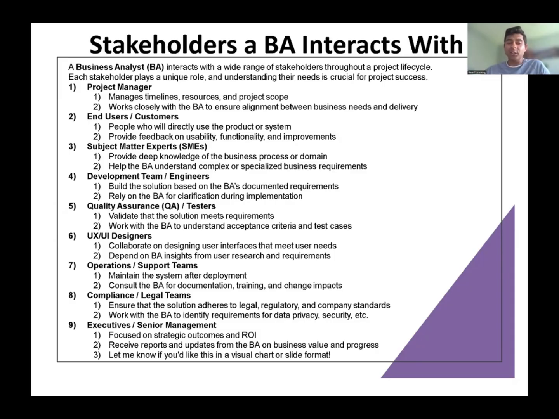Compliance and legal teams ensure that the solutions adhere to legal, regulatory, and company standards. Take an example of big companies like Amazon, Apple. They have to make sure their website is working properly and has accurate things on their portal. These big companies are always at risk of being sued by anyone.